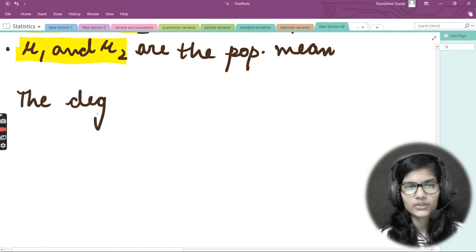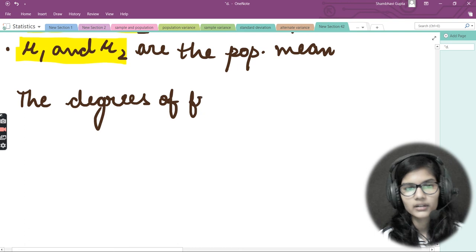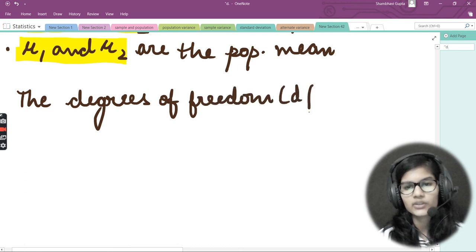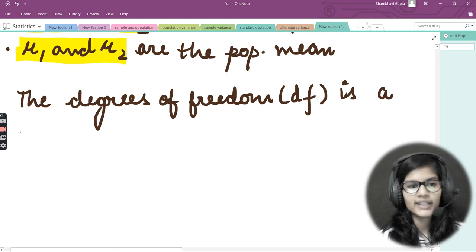I would now take the topic which is degrees of freedom. I would write here degrees of freedom, which we basically call DF. Degrees of freedom, DF, is basically a complicated calculation.